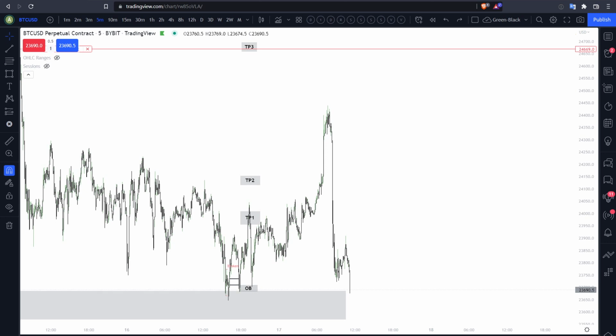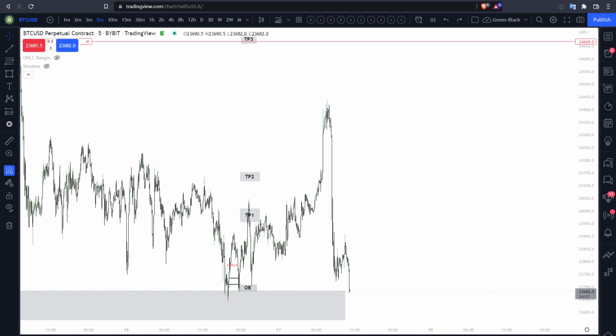So take profit 1 and take profit 2 were taken, sadly take profit 3 was not reached, and I got stopped out on the rest of my position.